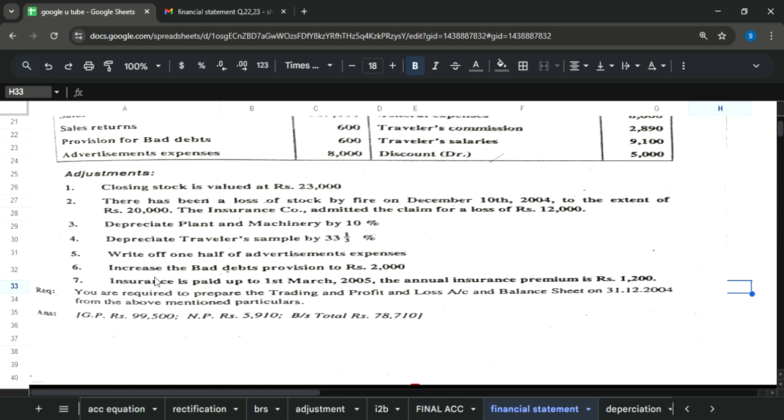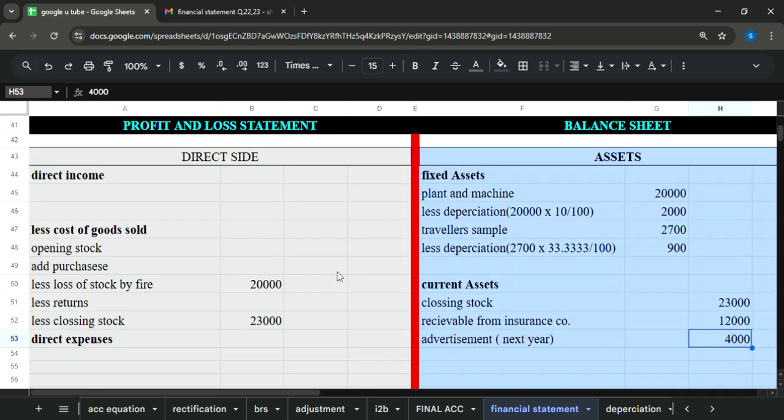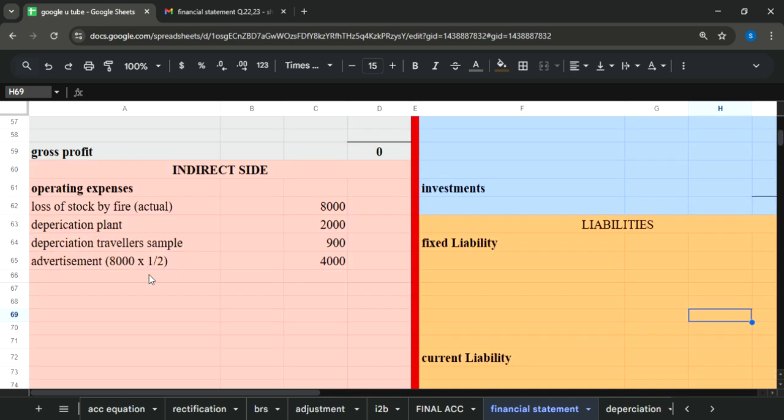Normally, whenever we have seen the word increase in previous questions, beside this word we usually observe by. So previously there was increase and by, and today it's increase, but the second word is to. Whenever you see increase and the second word to, there will not be any change. You will be solving it as you were solving the simple bad debt adjustment.